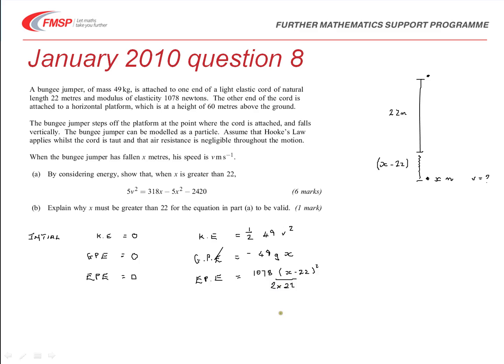Okay, now we know that the sum of the initial energies must equal the final, so by conservation of energy we have the following: 49 over 2 v squared minus 49gx plus 1078 over 44 multiplied by x minus 22 squared, and that has to equal 0.